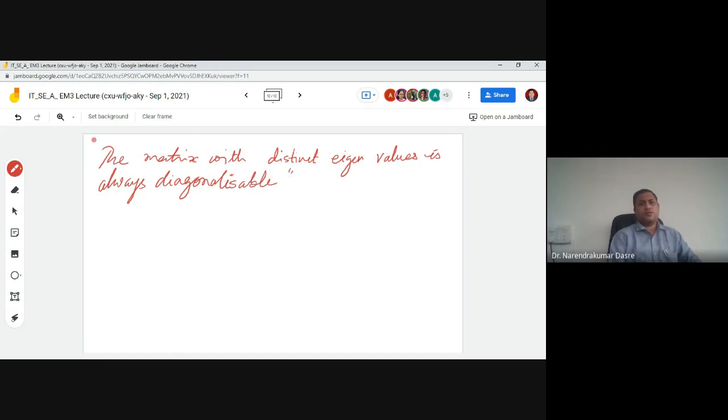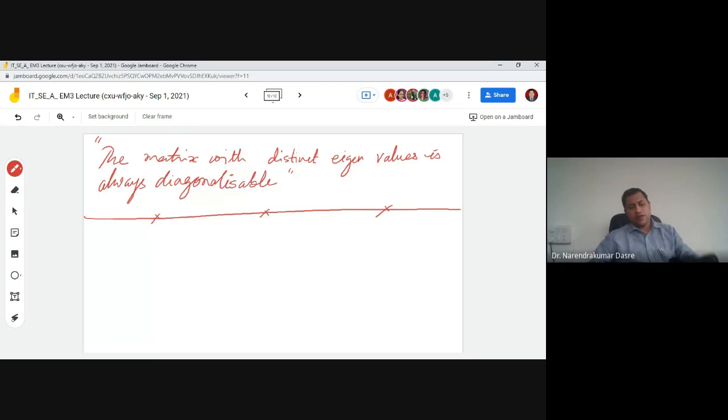Okay, so the matrix with distinct eigenvalues is always diagonalizable. So we don't have to worry about the matrix with distinct eigenvalues. We have to worry about the matrix with repeated eigenvalues.